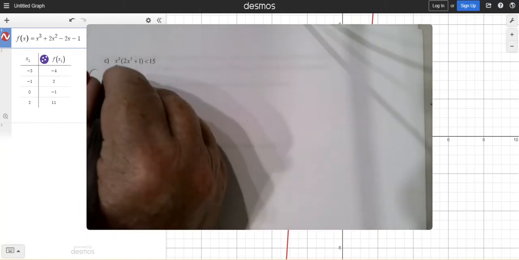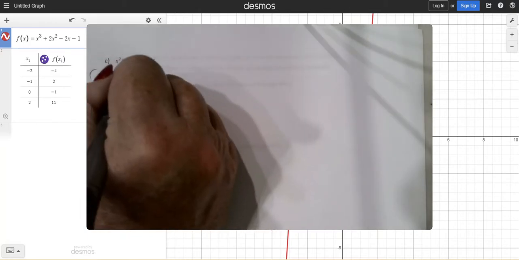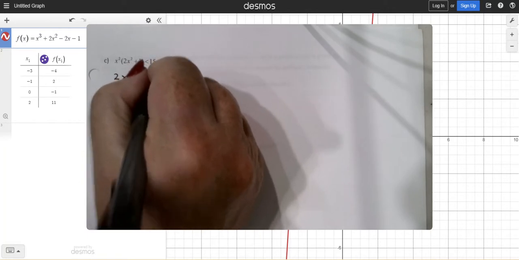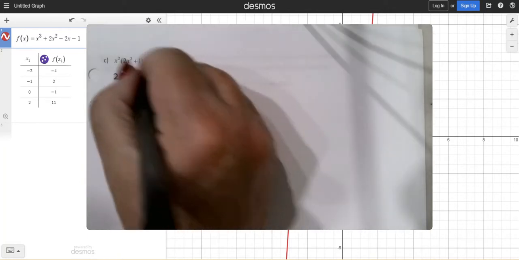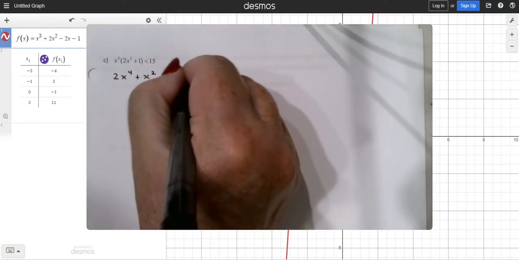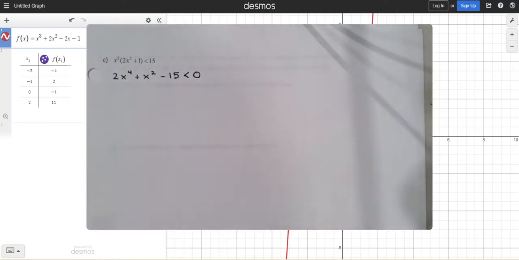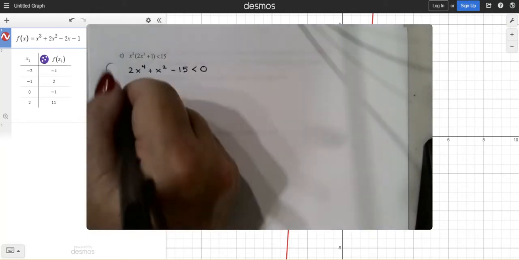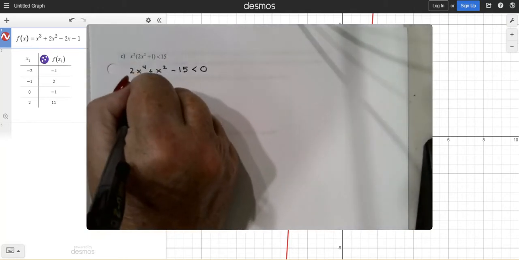So I'm going to go ahead and distribute this: 2x to the 4th plus x squared, and then I'm going to bring that over as a -15 is less than 0. I'm going to say that's the inequality that I'll actually try to solve. So I always start with my related equation.